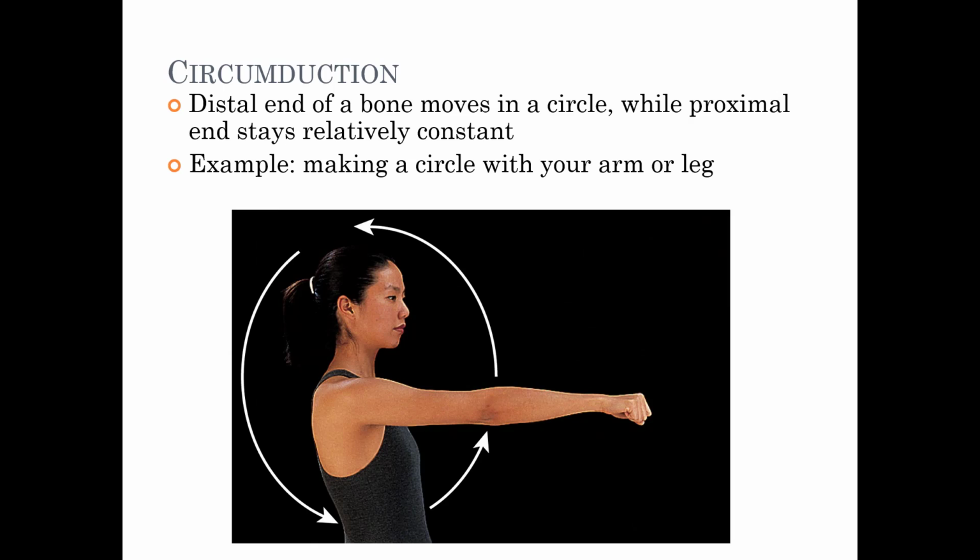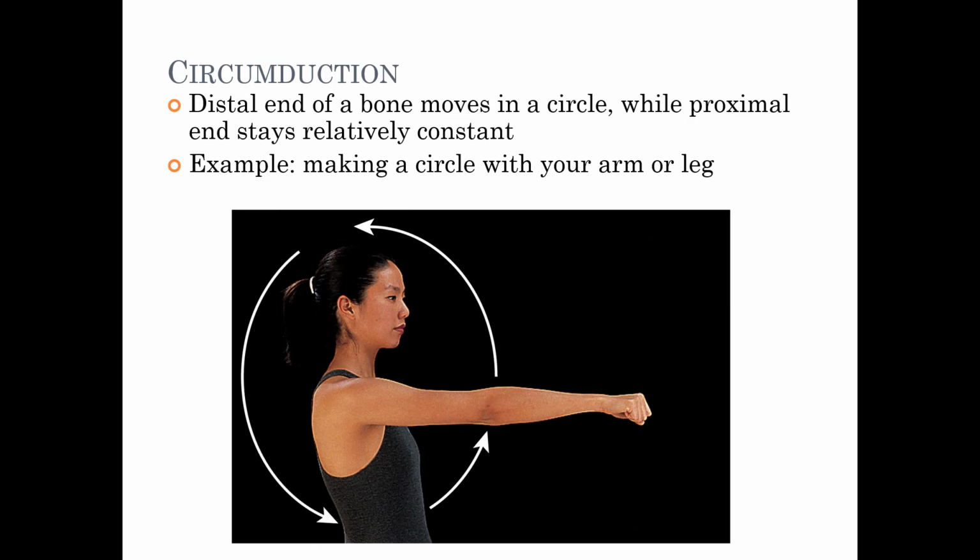And finally, we have circumduction. Now, circumduction is like a combination of all of the different possible angular movements at a joint, okay? So the distal end of the bone moves in a circle. So if we consider the whole of the arm as the bone that is moving, and then the body as the articulating, so in this case, it would be the articulation of the humerus with the scapula.